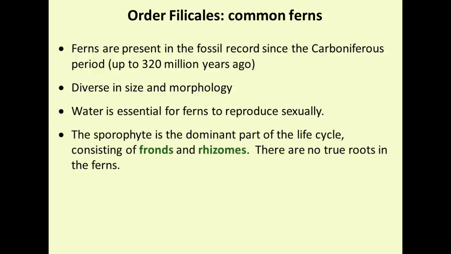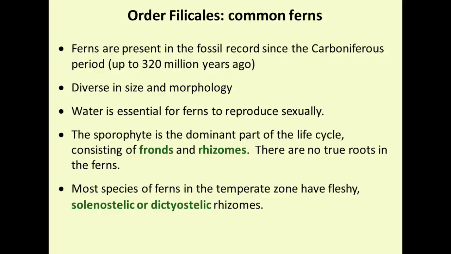All right, so the sporophyte's dominant. The leafy fronds that you see on a fern are the dominant sporophyte tissue. And they have fronds and rhizomes. Each one of the fronds that comes off is considered to be one megaphyll, and then there's a bunch of rhizomes at the bottom, so there are no true roots.